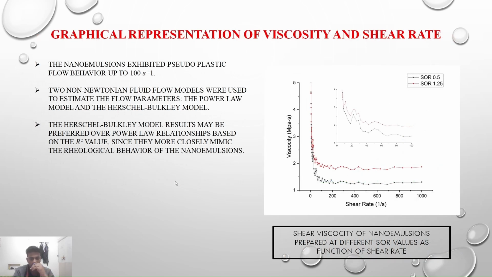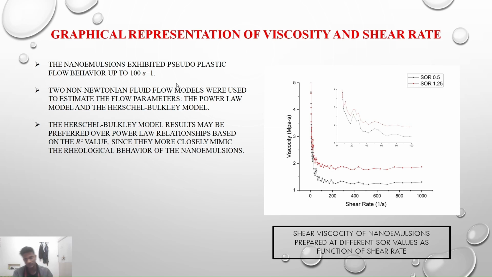Then after that, we have the graphical representation of viscosity and shear rate. This blue line is for SOR, the surfactant oil ratio, of 0.5, and this red line is for a surfactant oil ratio of 1.25.